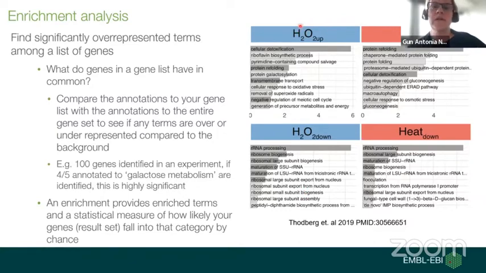So they challenged them to hydrogen peroxide and heat and looked at what genes are upregulated and downregulated. And they found, for example, that in hydrogen peroxide, genes that are involved in detoxification go up, whereas genes involved in translation processes go down.